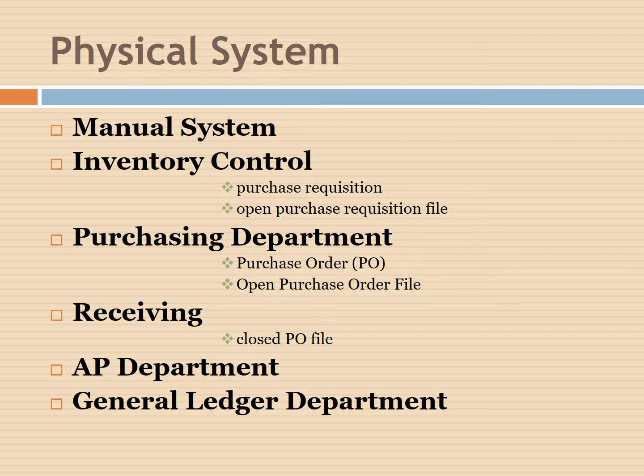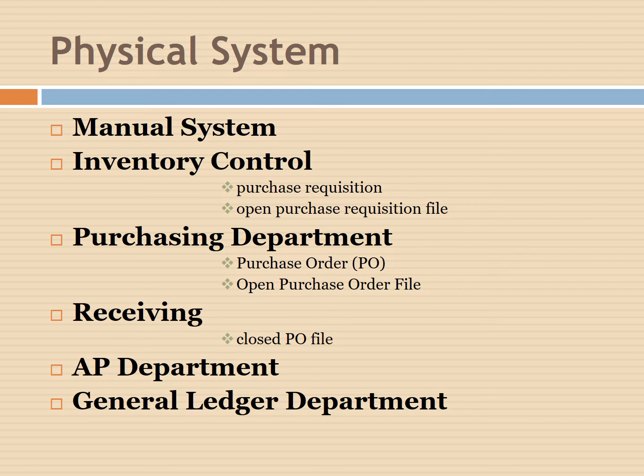Next is the purchasing department. They receive the purchase requisitions, source them by vendor, and prepare a multi-part purchase order for each vendor. Two copies of the purchase order are sent to the vendor. One copy is sent to inventory control, where the clerk files it with the open purchase requisitions.